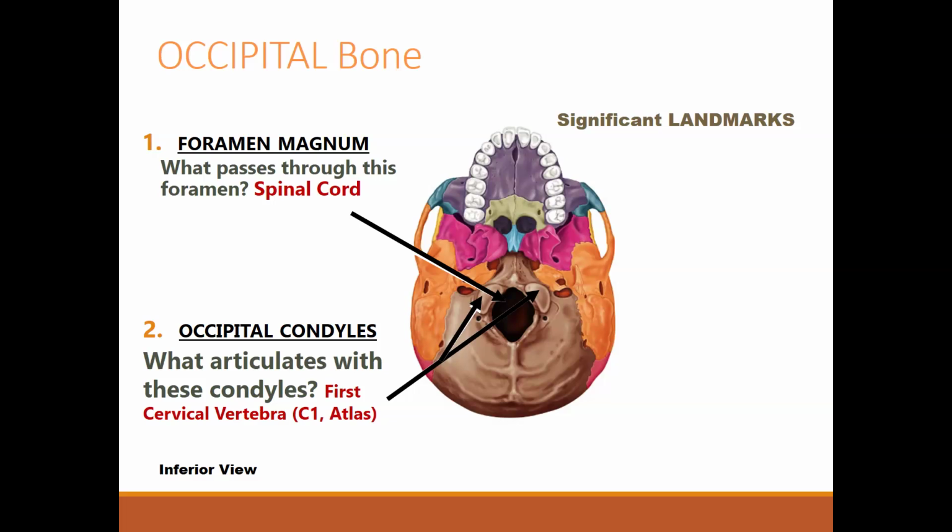No, you want to say foramen magnum, right? Or it could say, "What bone is this on?" And you'll say occipital bone. Or instead of naming it, it might say, "What is this used for?" And you would say spinal cord passing through. Okay, so those are the examples of what to expect.